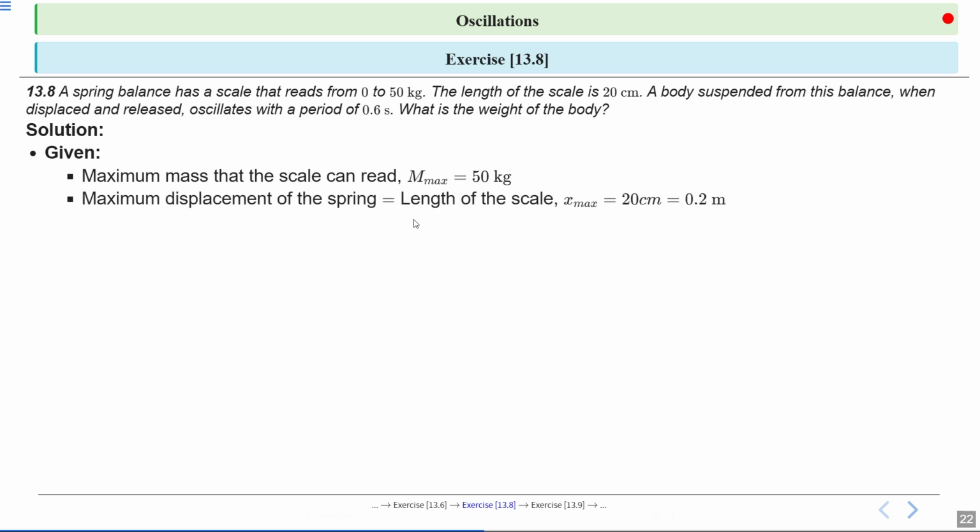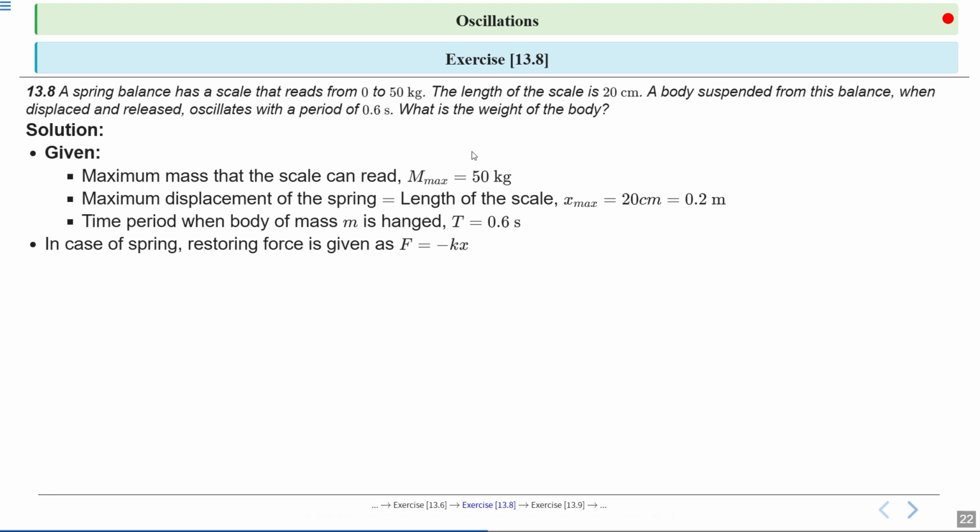Maximum displacement of the spring is equal to the length of the scale, x max is equal to 20 centimeters. Alright, and we need to convert this to meters for consistency in SI units. So 20 centimeters is 0.2 meters. Time period when the body of mass m is hung, T equal to 0.6 seconds.